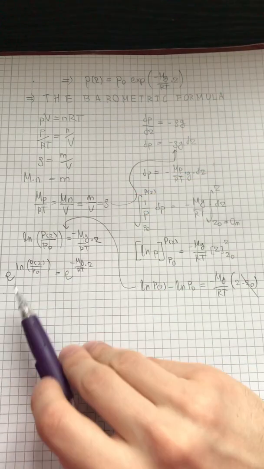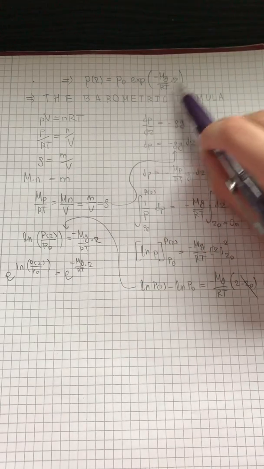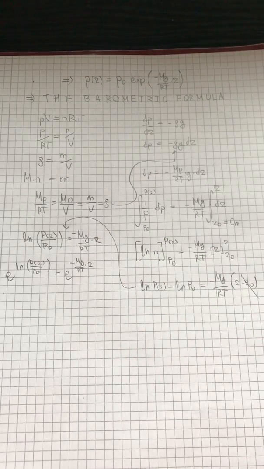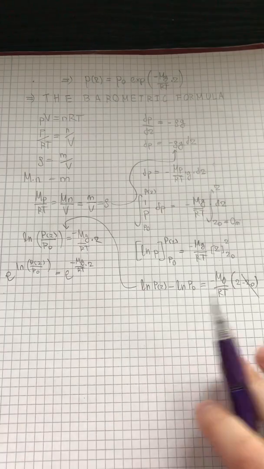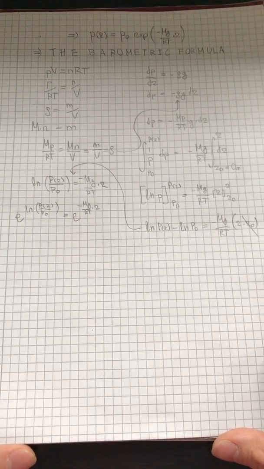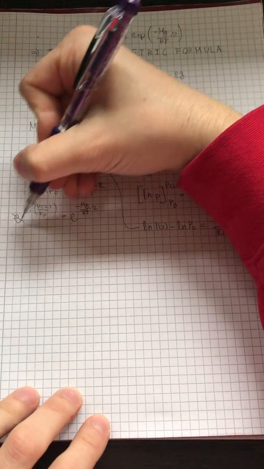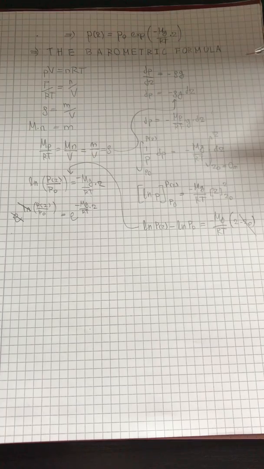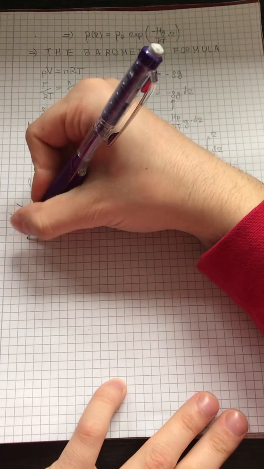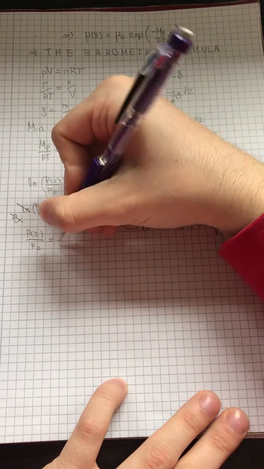When you're dealing with big exponents such as these and you don't want to write them small, you put exp, and whatever's in the brackets is what e is raised to. Let me adjust the page so everybody can see better. And from here, e cancels with the natural logarithm, and we get an expression such as this one.